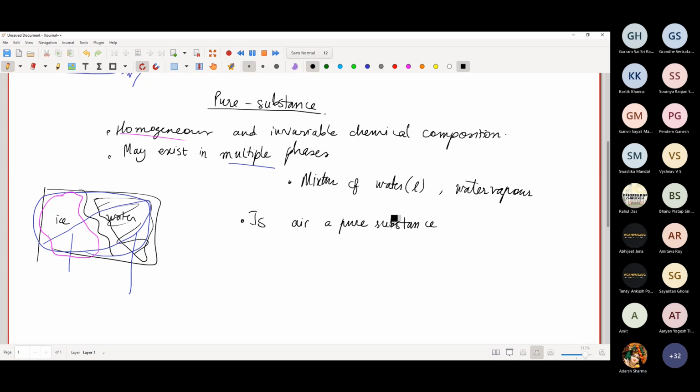Very good. So we cannot consider air to be a pure substance. Why? Because it does not have an invariable chemical composition. Yes, that's what you wanted to convey, right? Yes, sir. All right, good. But, and there's a big but in the middle, in analysis later on, we can consider air to be a pure substance.